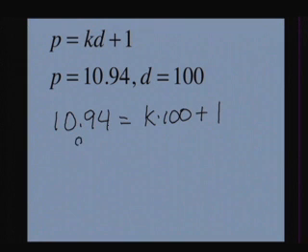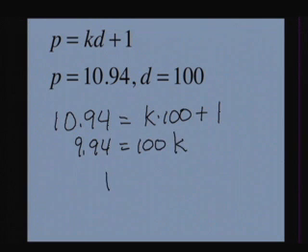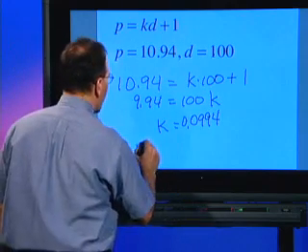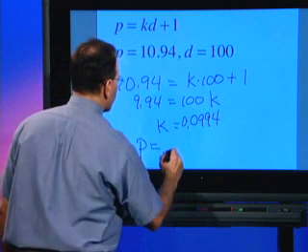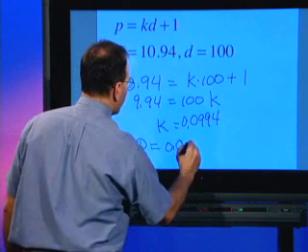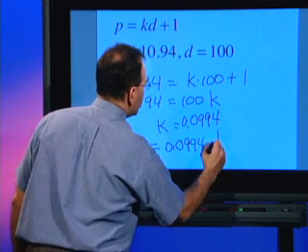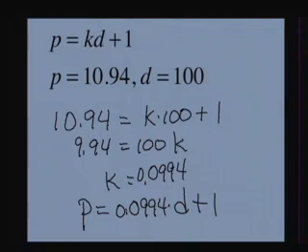So that gives us 9.94 equals 100K. And then K will equal 0.0994. That means our equation becomes P equals 0.0994 times D plus 1.